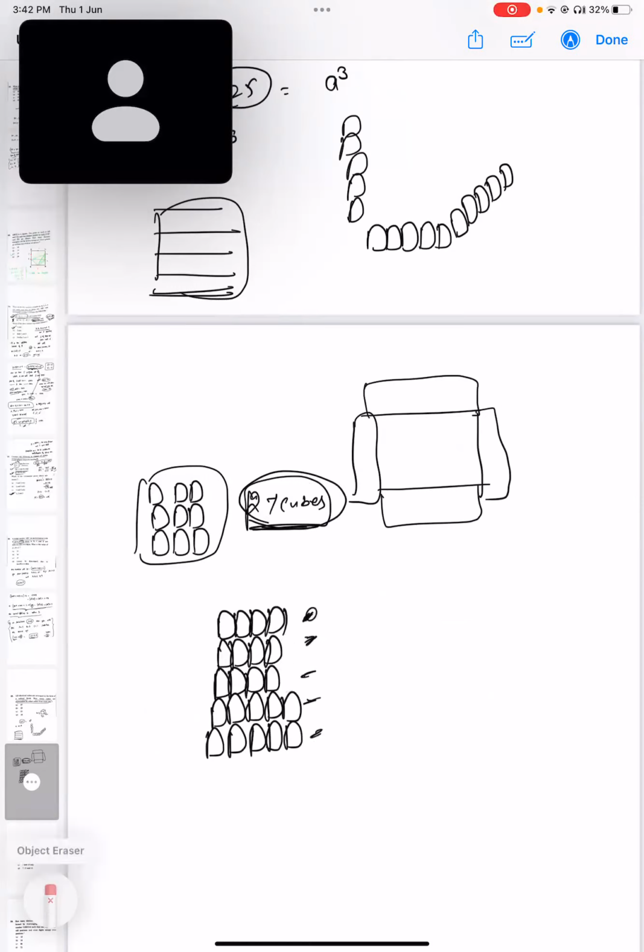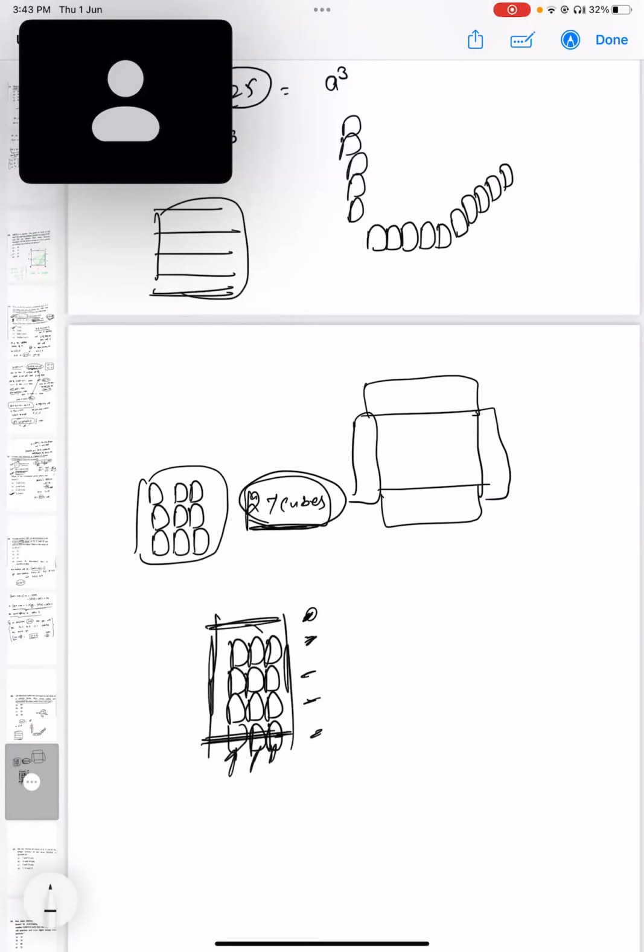So we have to remove all these, right? Similarly, these cubes are not surrounded by any other cube from the left hand side. So we have to remove these cubes, right? Similarly, these three cubes are not surrounded by any other cube from the top. So we have to remove them. And similarly for these three cubes, we have to remove them also.